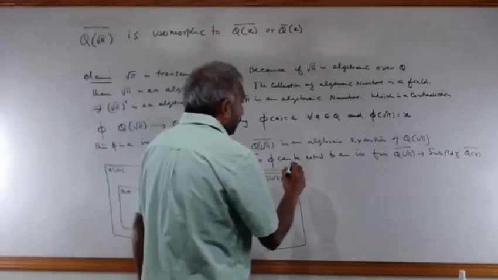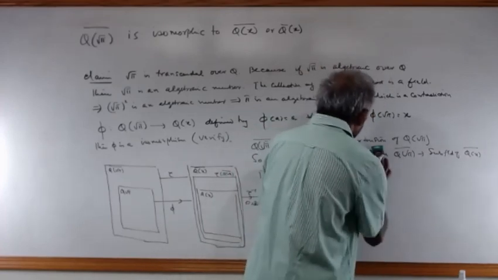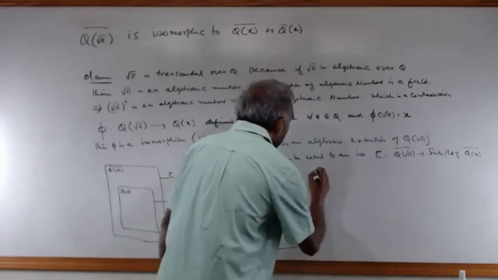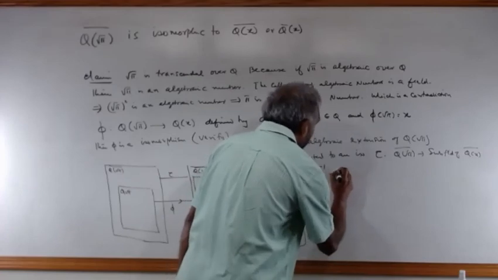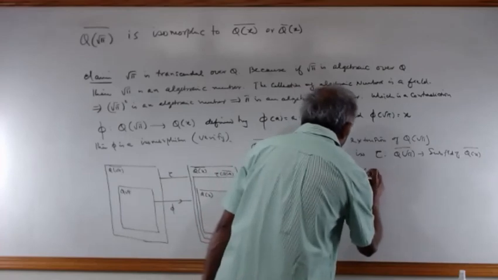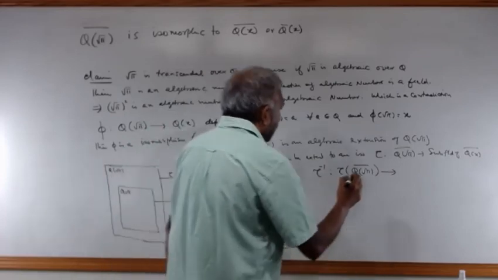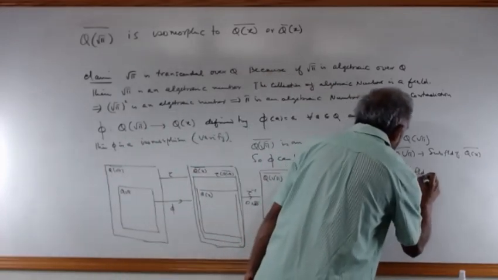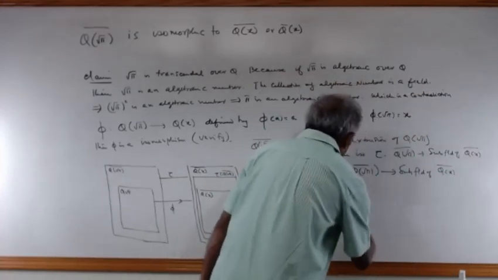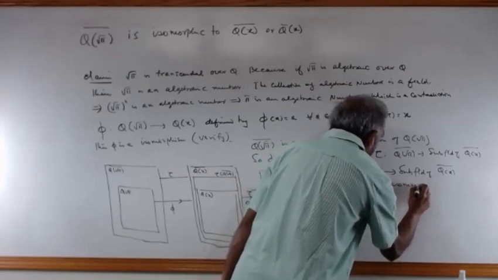So tau inverse from tau of Q of root pi closure to a subfield of Q of x closure is an onto isomorphism.